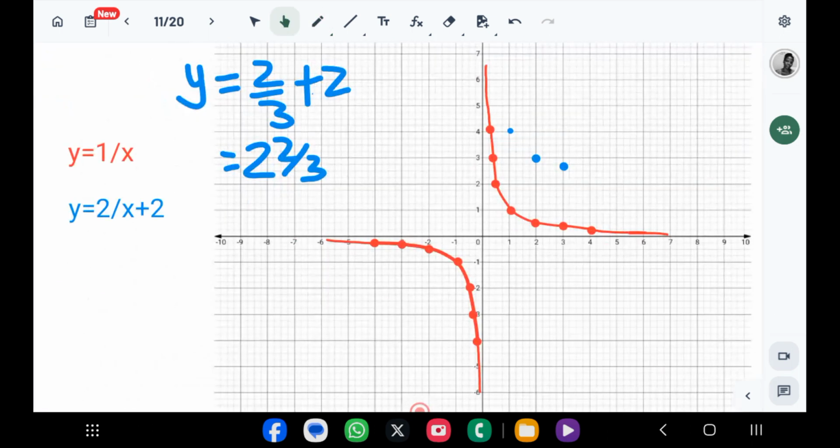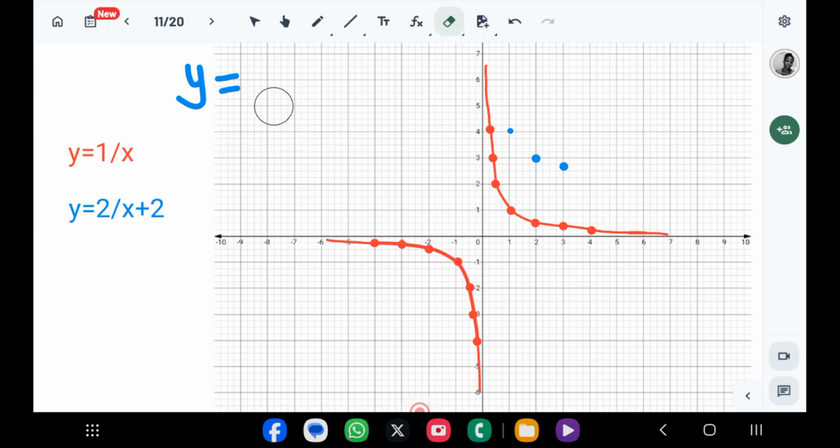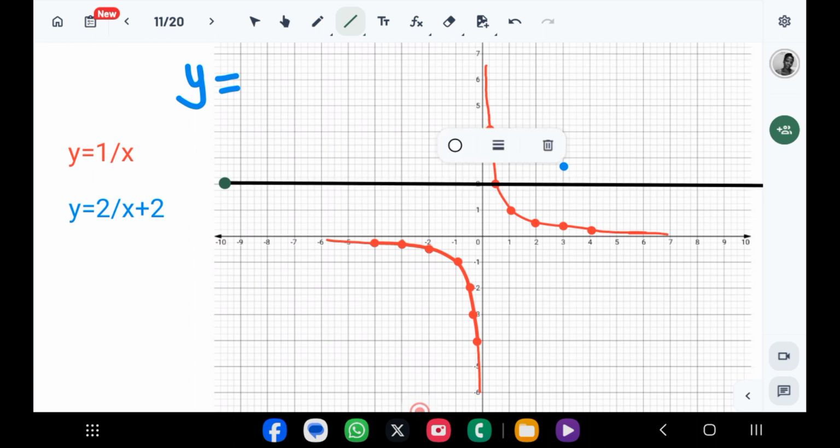Now let's plot the points on the other side. Notice that your q is equal to 2, so let's draw that line so it gives us perspective. Here is the line, the asymptote.